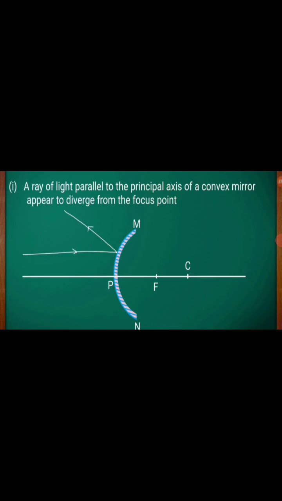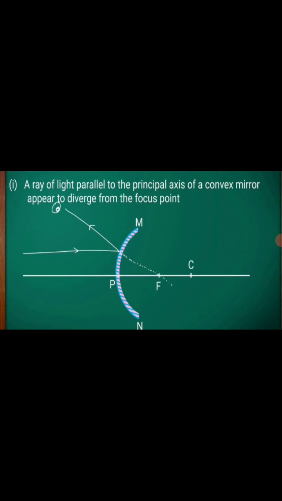That's all. If you observe a light ray which is parallel to the principal axis, then the reflected ray will be in such a condition that it is diverging from the principal focus. If this is my eyesight, then if I observe from this point of view, the light ray is diverging from the principal focus.